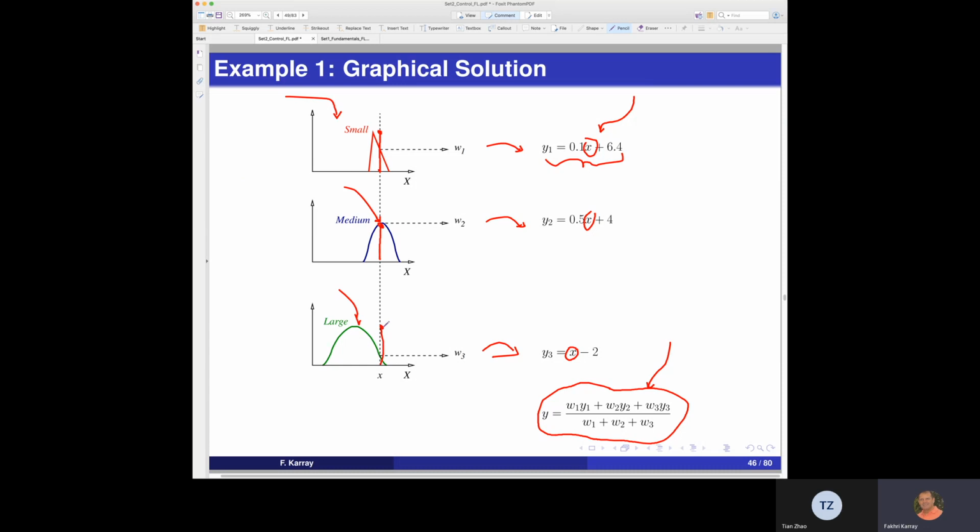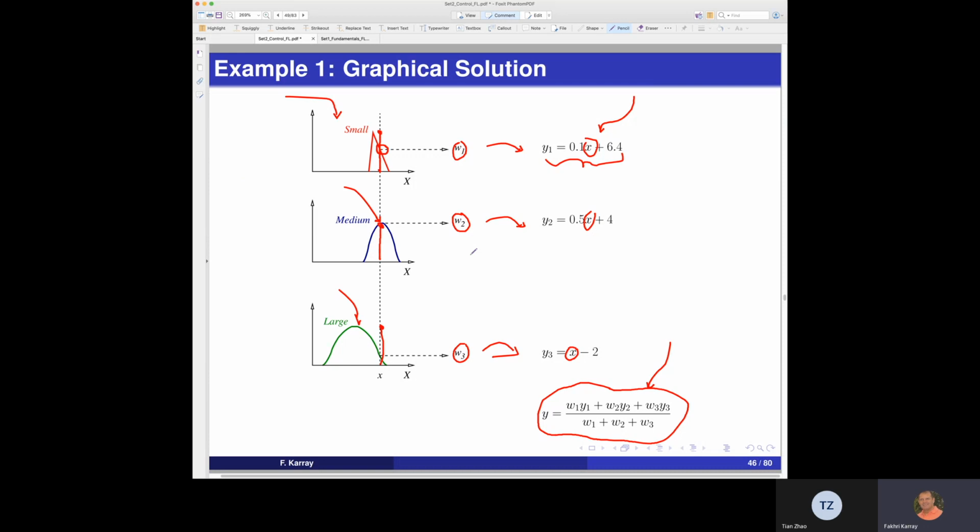Look at the intersection here. The degree of validity, or the firing strength, because we have only one antecedent, is going to be omega 1. So omega 1 is the firing strength for these particular values. Firing strength, by the way, is equal to degree of validity if we have one single antecedent. So firing strength and degree of validity are equivalent.